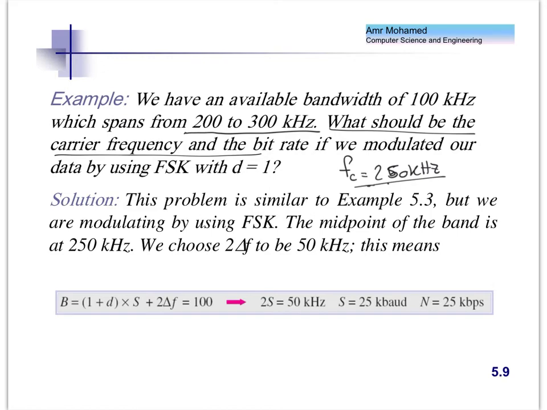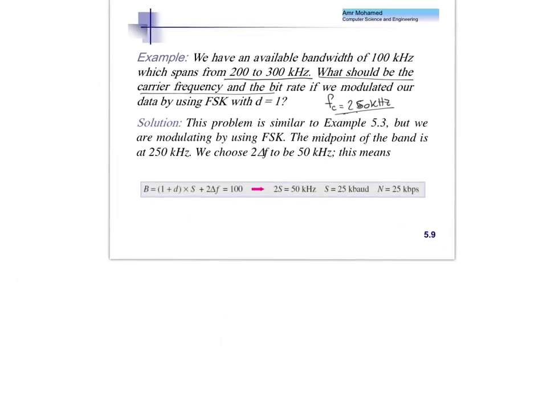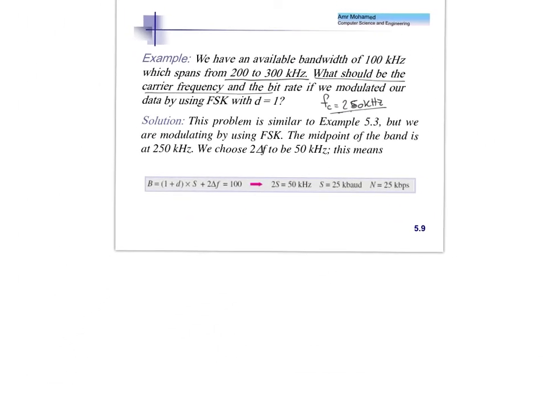So still, do not get confused, by the way. Whether ASK or FSK, I have one carrier frequency, which is in the middle of the bandwidth. What happens is that for FSK, this bandwidth will be divided into two symbols, right?